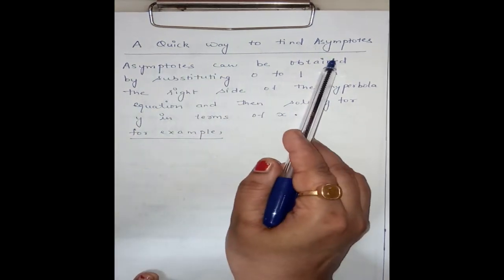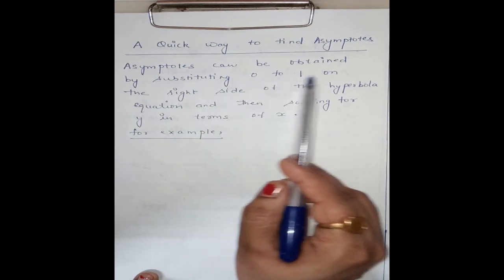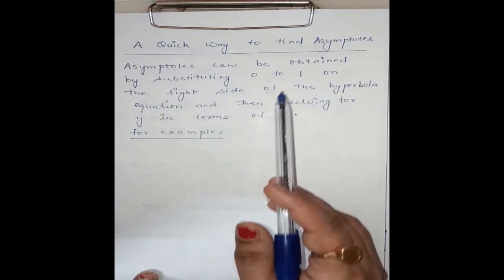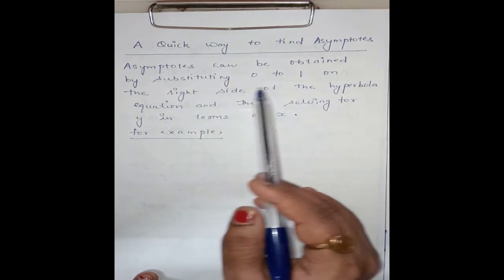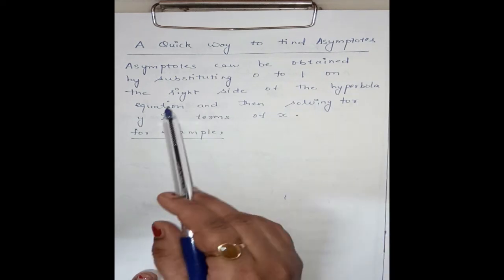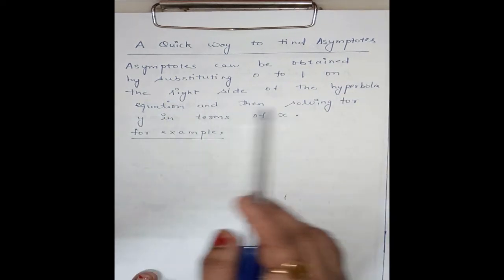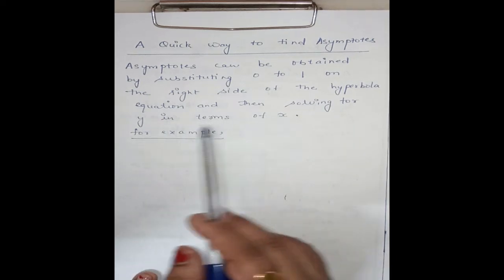A quick way to find the asymptotes: asymptotes can be obtained by substituting 0 instead of 1 on the right side of the hyperbola equation. Okay, instead of 1 on the right hand side, take 0. Then solve for y in terms of x.